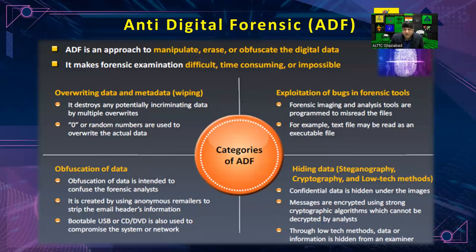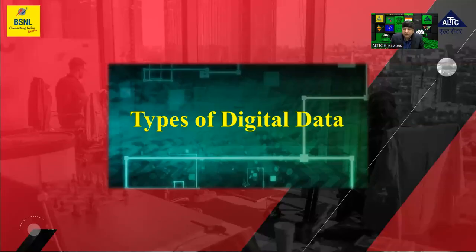Confidential data is hidden under an image in the form of direct or indirect cryptography, steganography, and like this the concept is used. Messages are encrypted using a strong cryptography algorithm, which cannot be decrypted by analysis. Through low-tech methods, data or information is hidden from an examiner. So these are the types of anti-forensic methods.